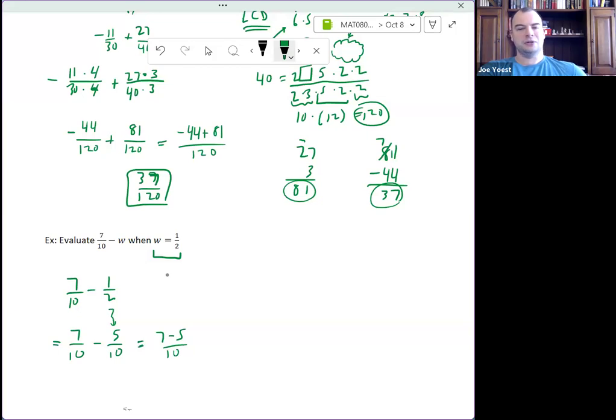All we did is cut out writing out the prime factorizations and all that, because we noticed that we can multiply 2 by 5 to get 10 and our denominators will be the same. 7 minus 5 is 2, and 2 divided by 10 is 2 divided by 2 times 5, so 2 times 1. This gives me 1/5.